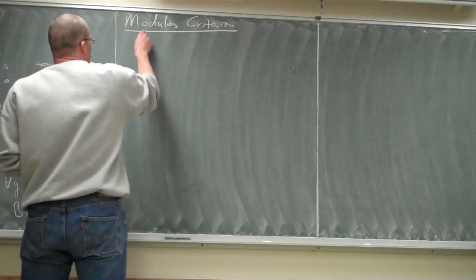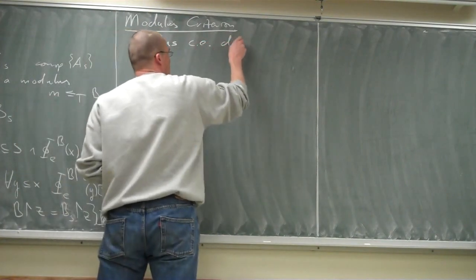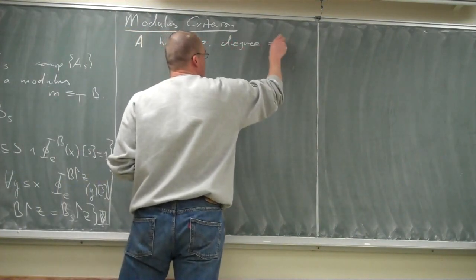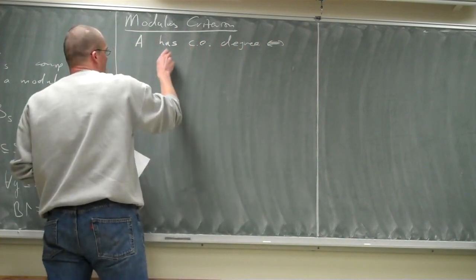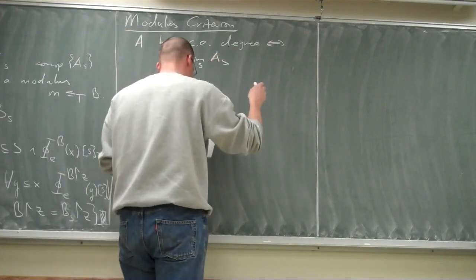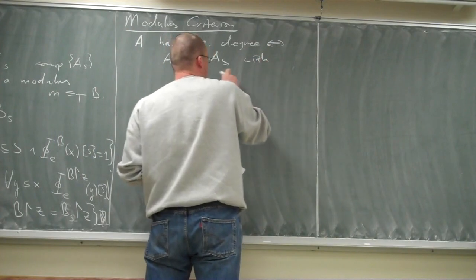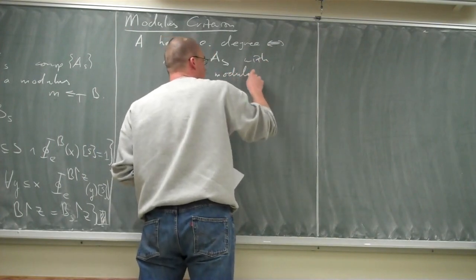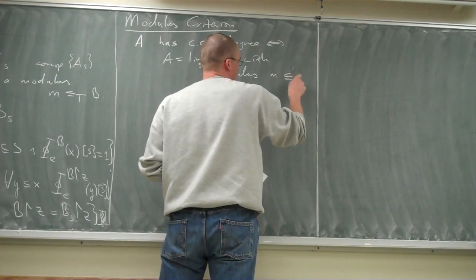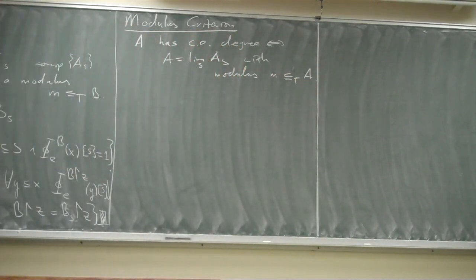And so this says A has CE degree if and only if A has such an approximation which has a modulus and is Turing reducible to A itself. I didn't write it down, but of course the sequence A_s is supposed to be a computable sequence.